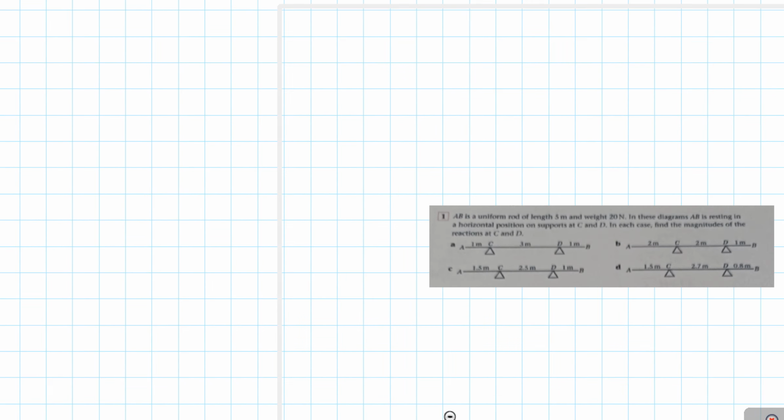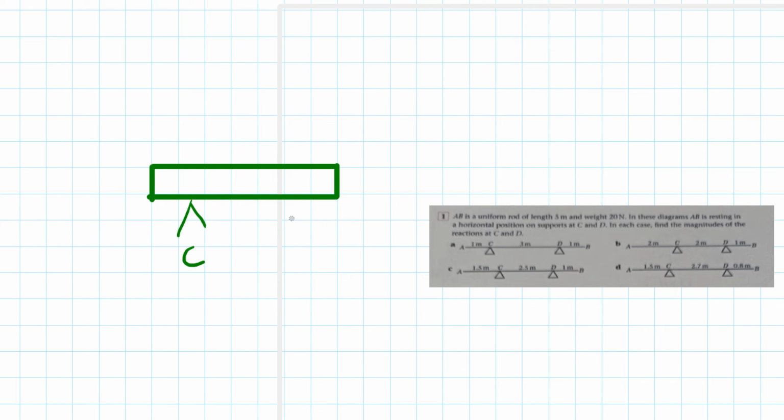Okay, so for this question here, it's the same method for all of them. So we start with the beam. For question 1, it's going to have a point C, and then at D, and then we know the distances, so it's 1 meter between the edge and C, 3 meters between C and D, and 1 meter from D to the end.